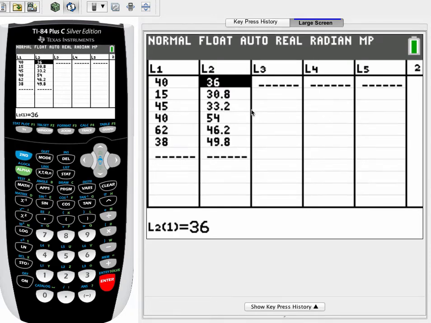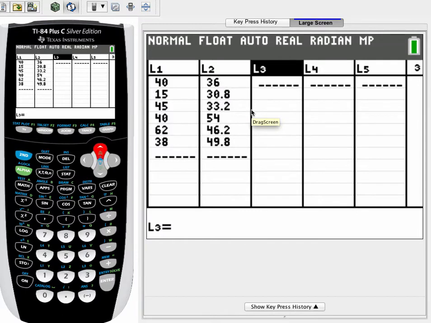Now I'm going to have L3 calculate for me my observed minus expected squared over expected. So I'm going to arrow over and highlight L3, push enter, and do parentheses.